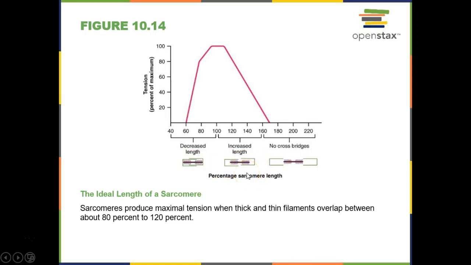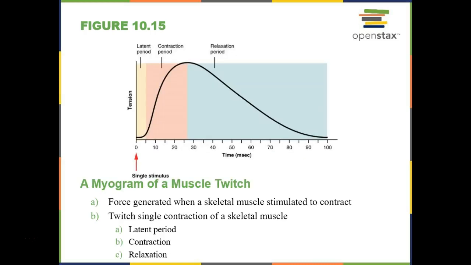So let's look at a muscle contraction now. This is a myogram of a muscle twitch. The x-axis is time in milliseconds. These are 100 milliseconds, so all of these occur before 1 second occurs. Does that make sense?